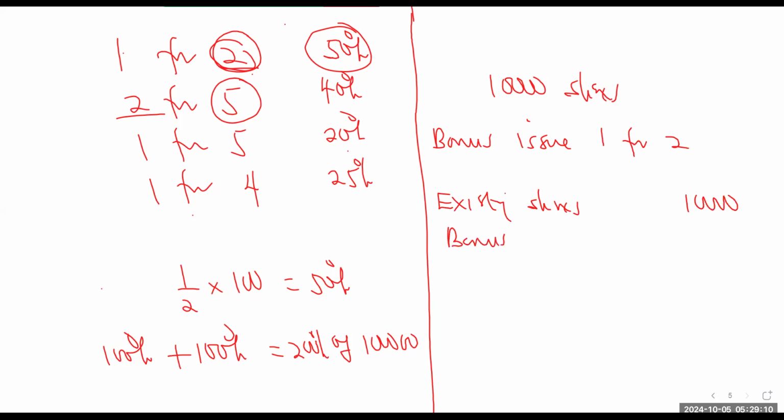How many shares will be given? 5,000. That will now give us 15,000 in all, isn't it? Yes. Okay, this is what you are going to be doing. A very simple one.